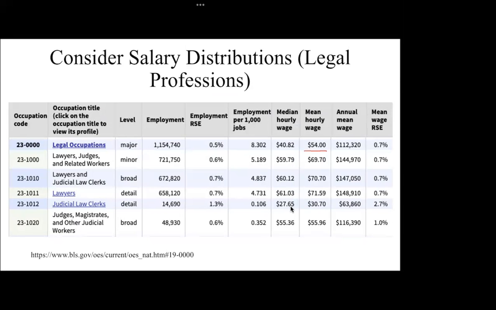The interesting thing is when we look at these categories broken down in a little more nuance and detail, we have a $10 discrepancy for lawyers, about a $3 discrepancy for judicial law clerks, and almost no discrepancy for judges.